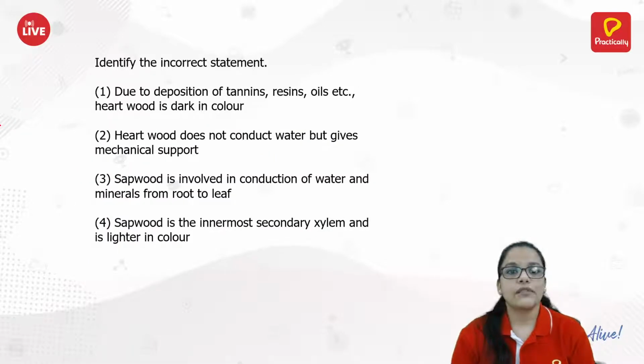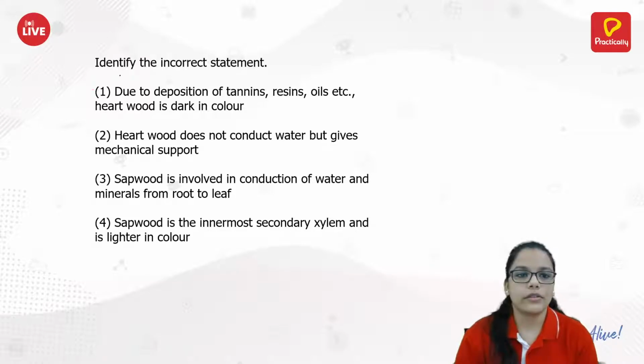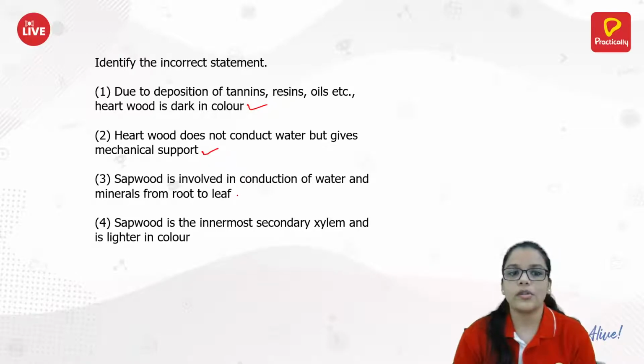Next, identify the incorrect statement. Okay, due to the deposition of tannins, resins, oils, etc., heartwood is dark in color. This is right. Heartwood does not conduct water but gives mechanical support. Okay. Sapwood is involved in conduction of water and minerals from root to leaf.